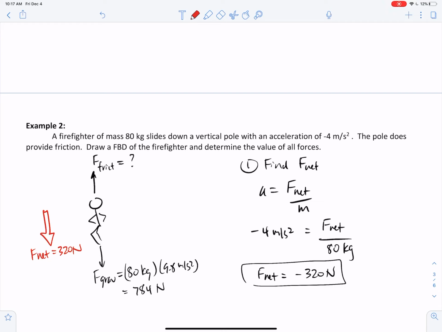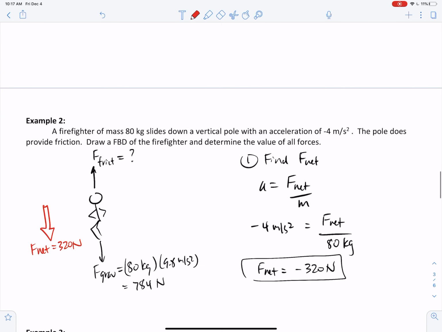Okay, now that I know the net force, I can figure out the force of friction. And this is how I would do it. I know that the forces have to add up to 320, meaning that friction upwards minus gravity downwards will be equal to -320, because that's the direction of the net force. So according to the free body diagram, and I'm running out of space here, so I'm going to draw this up here.